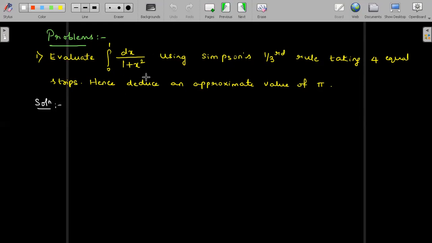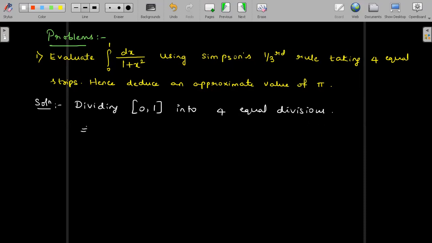After we obtain a definite value of this integral using Simpson's 1/3 rule, we also have to deduce an approximate value of pi through the Simpson's 1/3 rule. So let us do the solution now. We are going to first divide the given interval, that is 0 to 1, into 4 equal divisions or 4 equal parts.